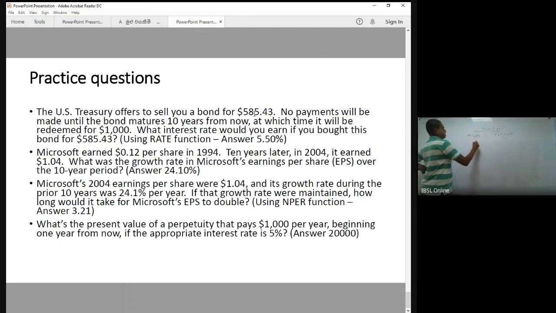Right? It's again present value. Always write the formula. Don't forget to write the formula to the power n. Present value is 1.04. Future value is 2.08 divided by 1 plus 24.1% to the power n.